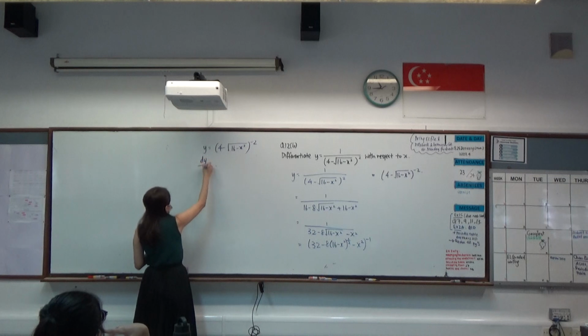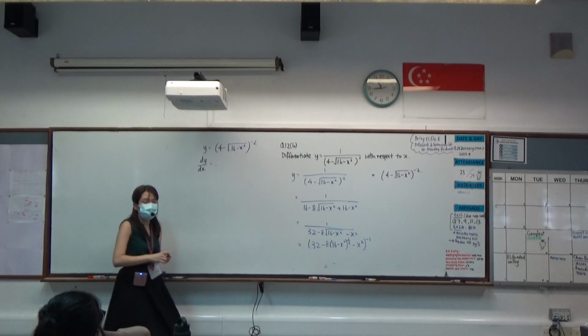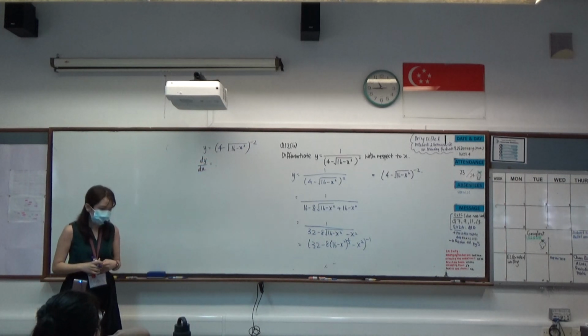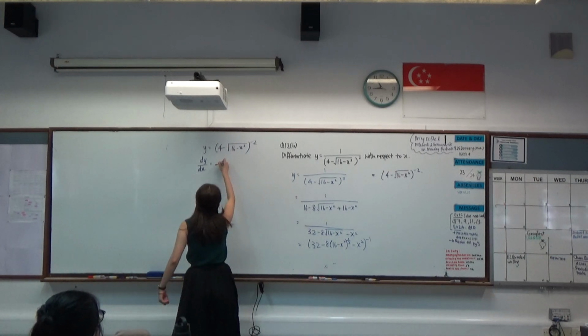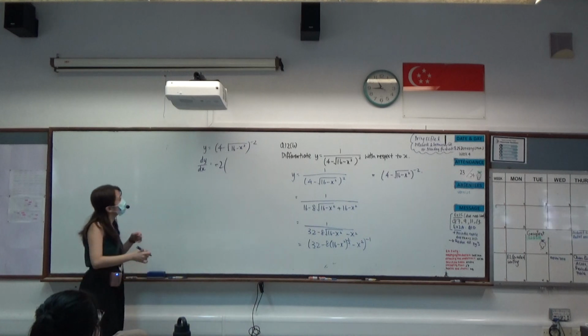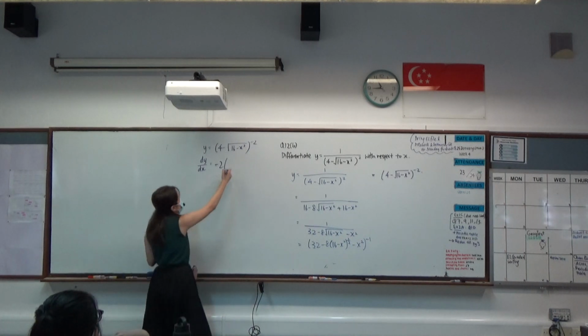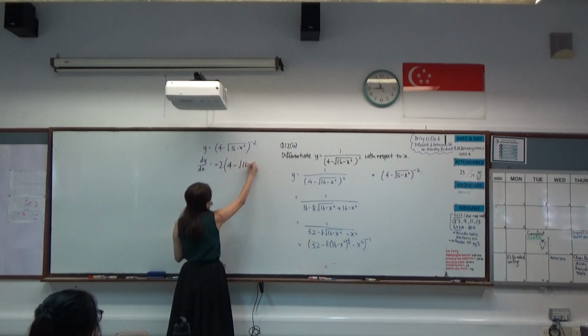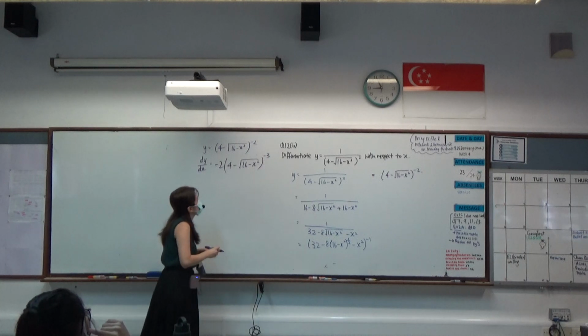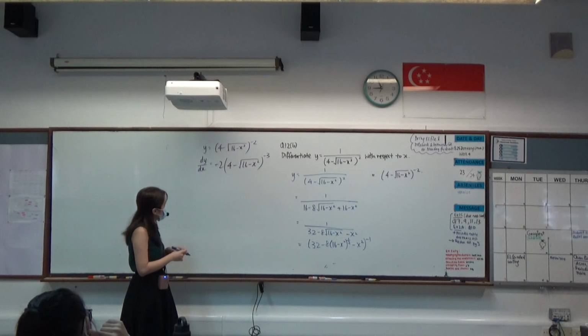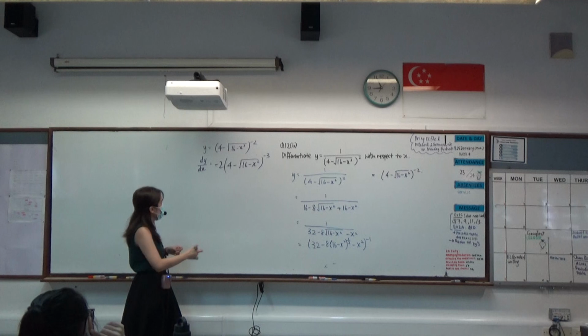So our dy over dx will be equals to, sorry, -2. Oops. 4 minus... Okay. Power of -3. Bracket.